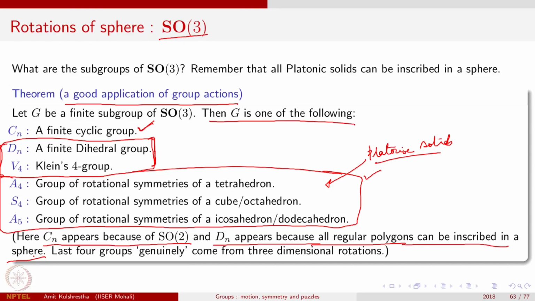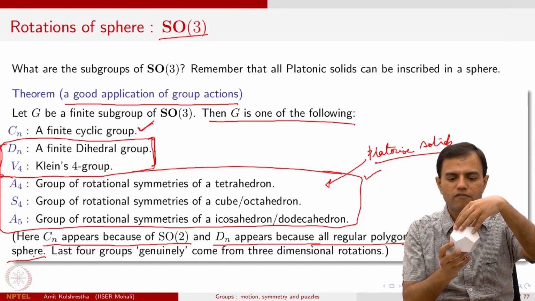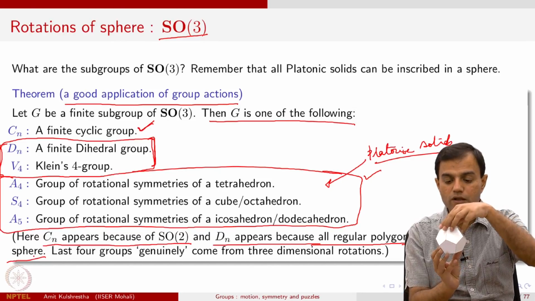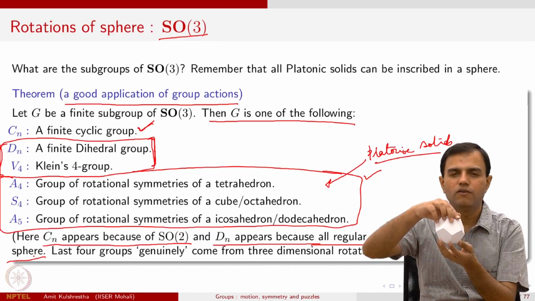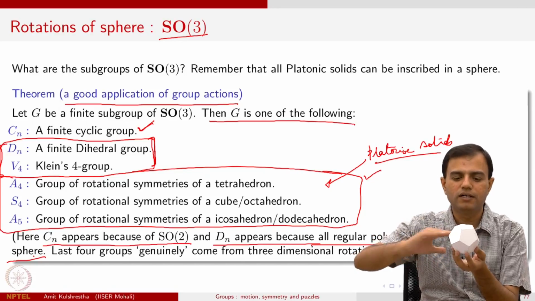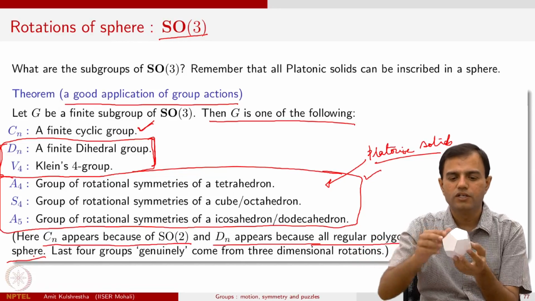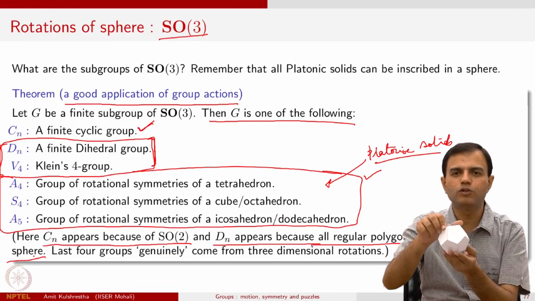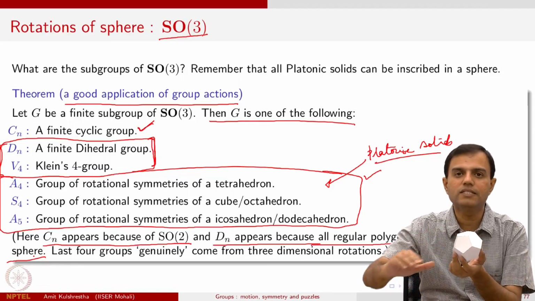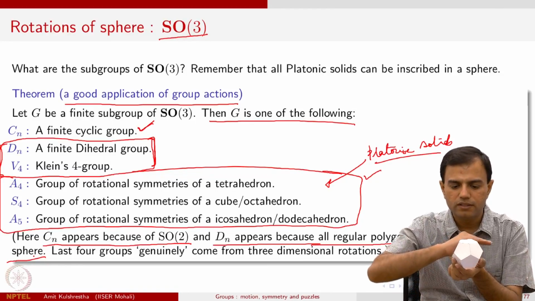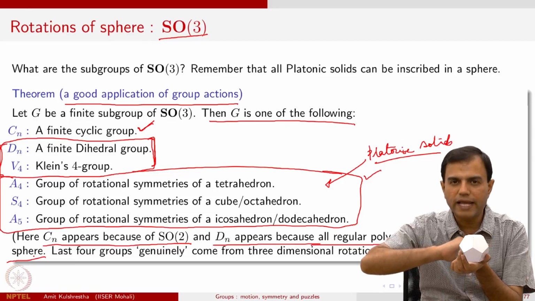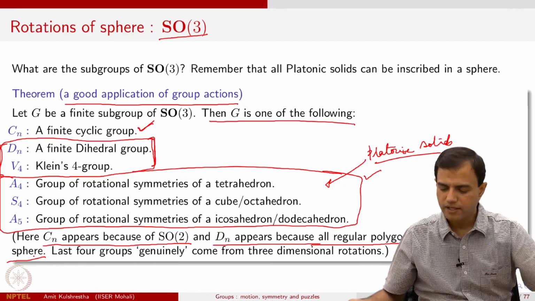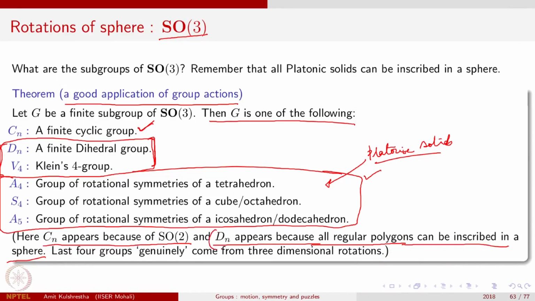Just imagine this is a circle, when I move I get the cyclic group, and when I rotate it along some axis on the sphere, what I am doing is actually flipping the plane of the equator. So rotating in 3 dimensions like this, that is swapping north and south pole via rotation, is actually the same as flipping of the regular n-gon which is there on the equator. So that's how you get the group Dn. So Dn is fine.